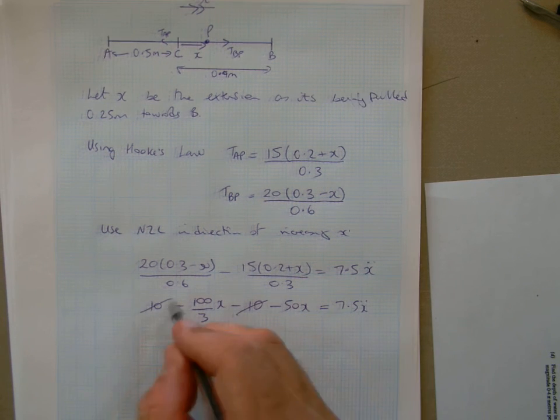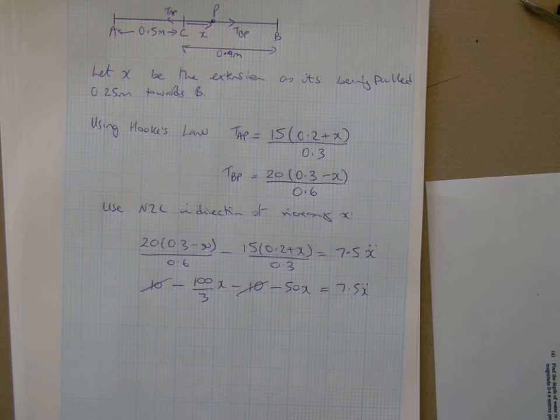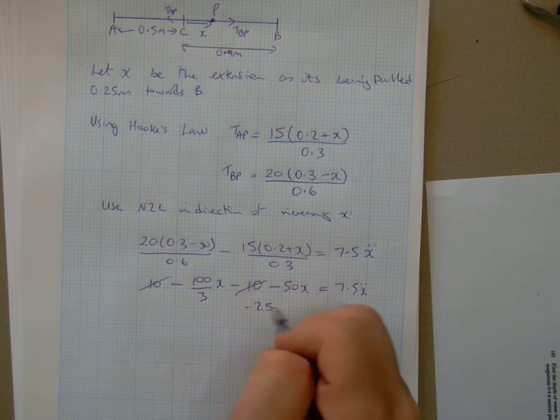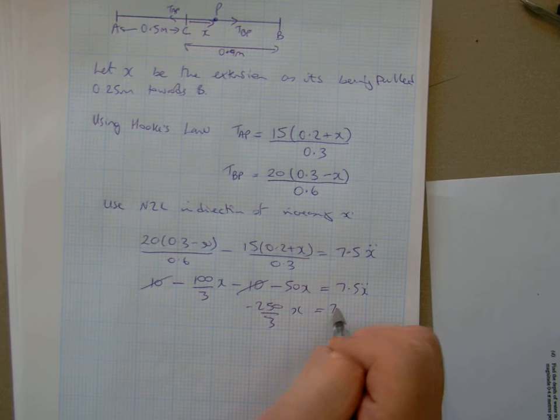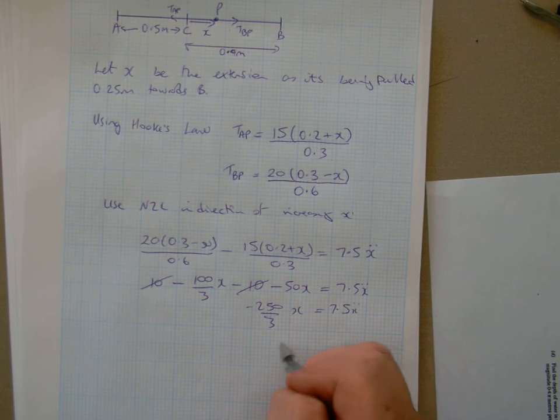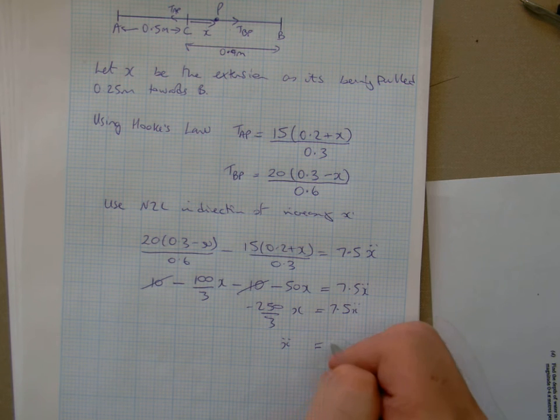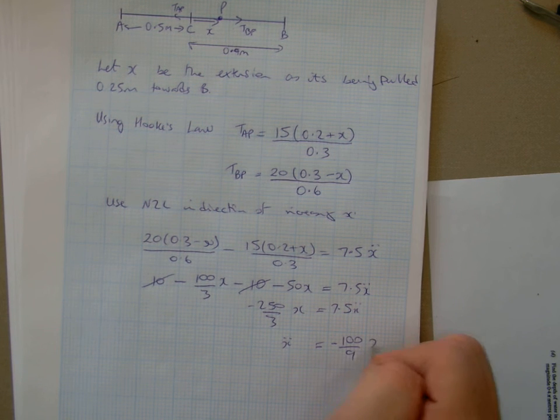Now the constants cancel, you'll always get that situation occurring, and then we just put the x's together. So minus 100 over 3 take away 50 is minus 250 over 3. Then if you divide by 7.5, x double dot equals minus 100 over 9 x.